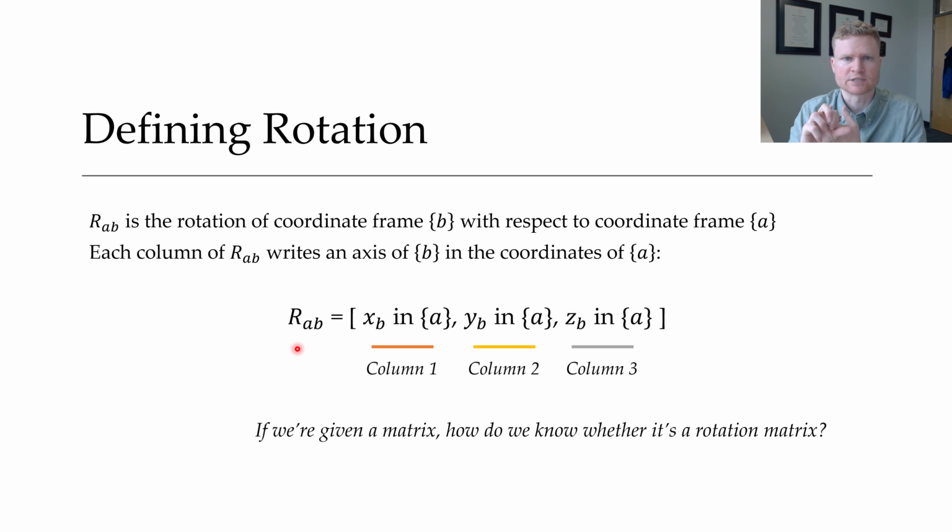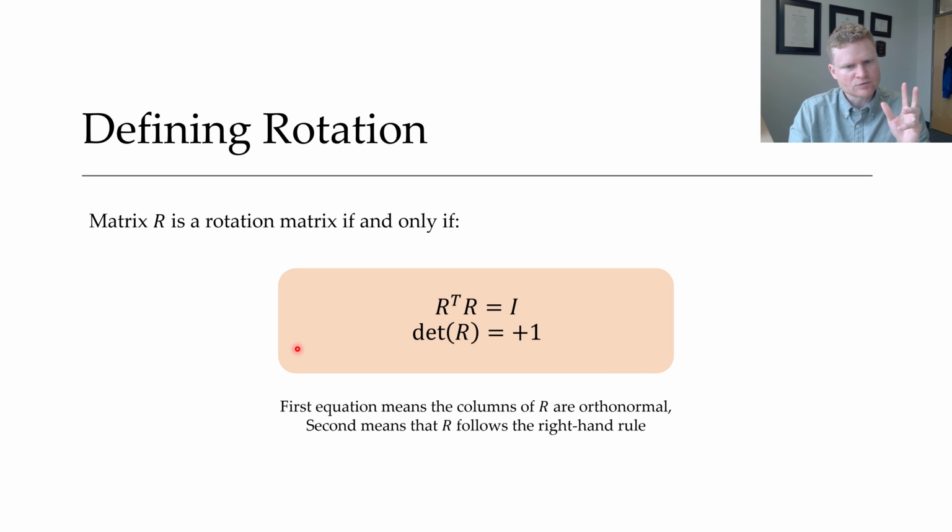We showed some examples in the previous lecture where for our planar example, the rotation matrix is a 2x2 matrix, and for our three-dimensional world, this rotation matrix with X, Y, and Z axes is a 3x3 matrix. But if I give you some arbitrary matrix, how do you know whether or not that matrix is a valid rotation matrix? Great question. There are two rules that a matrix must follow.